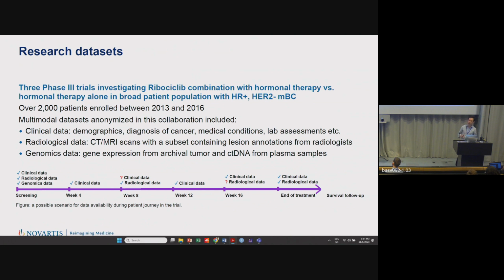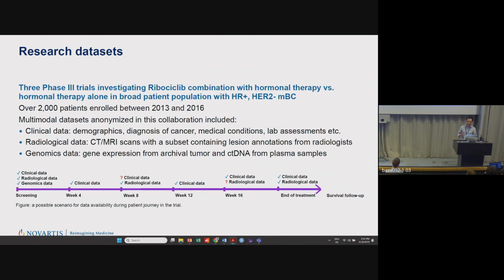And then depending on the data type, they are collected at different frequency intervals. So clinical data is collected most frequently. They are also easy to collect, every 4 weeks in this case. And then we have radiological data collected every 8 weeks because it has a certain negative impact on the patient if we do the radiology too frequently. And for genomics data, we typically collect at baseline, but also sometimes at end of treatment because there's a high cost of collecting those kinds of data.